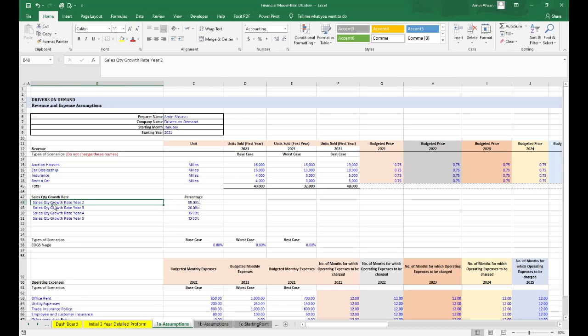So this is the sale quantity growth rate for the second year. I have kept it 55%.